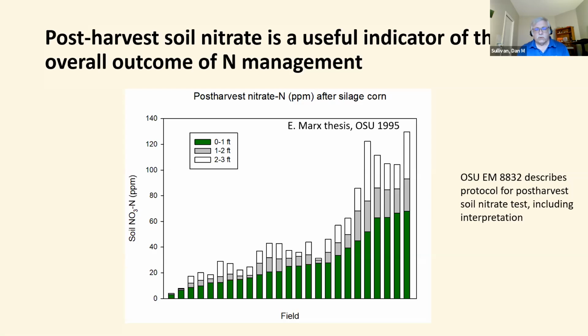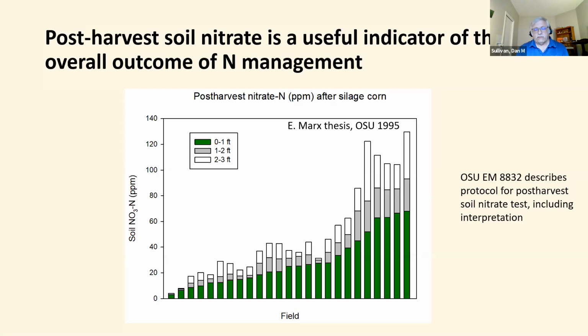The green is what we see in the top foot, gray is the second foot, and the white is the third foot. So you can see that we find some farms that have very low residual nitrate nitrogen with acceptable yields. We also find fields that have very high nitrate nitrogen with acceptable yields.